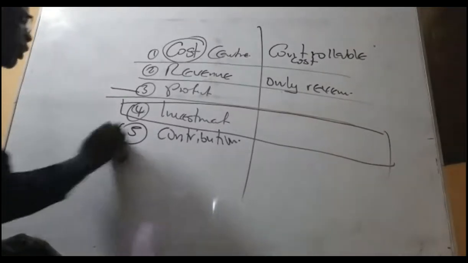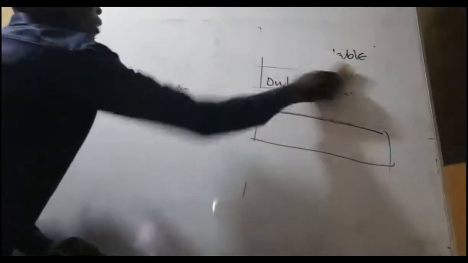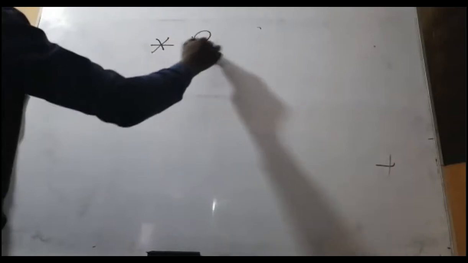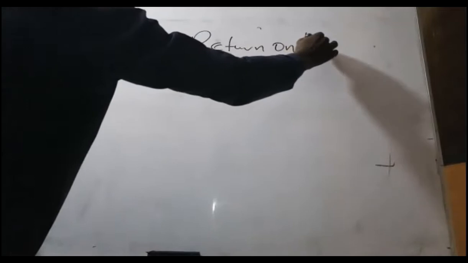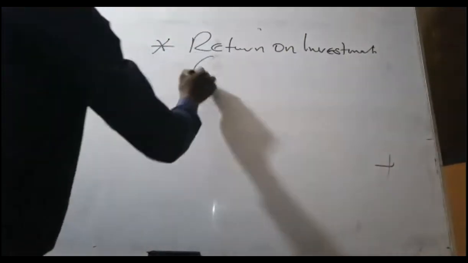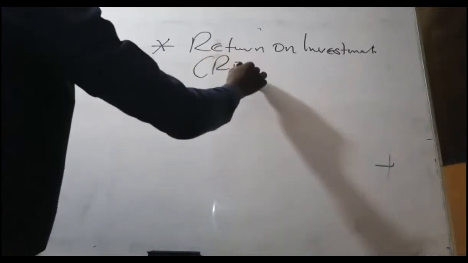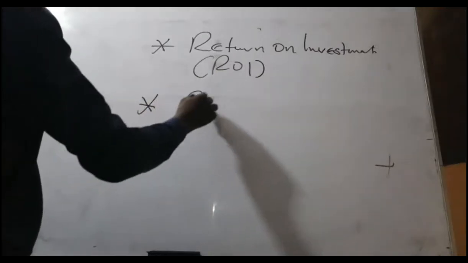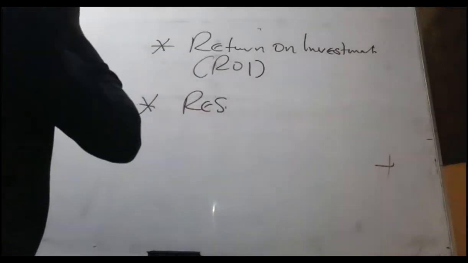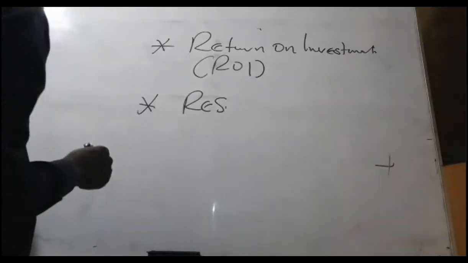First, we are going to look at the return on investment, popularly known as ROI. Then we look at what we call residual income.